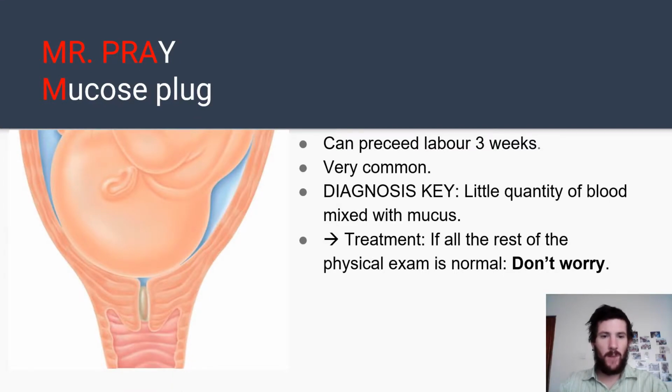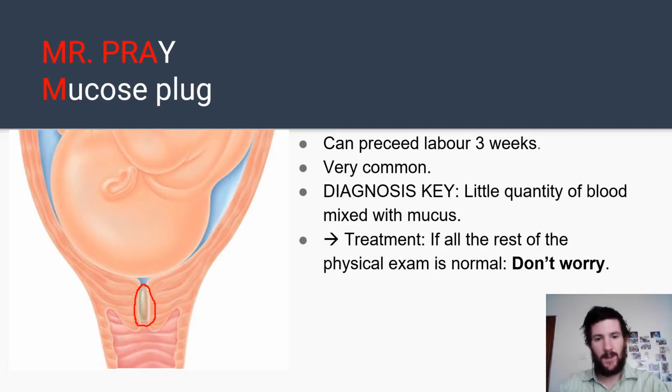So the mucus plug is this thing that is here. It's a plug that is there during all the pregnancy, closing the cervix in order to protect the baby from infections, from ascending bacteria, and all of that.